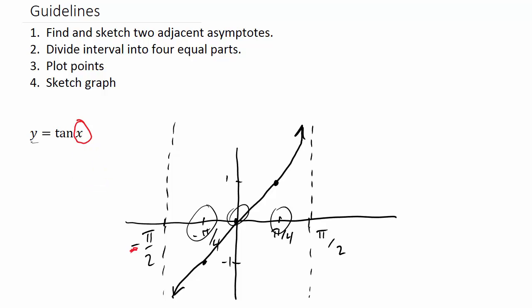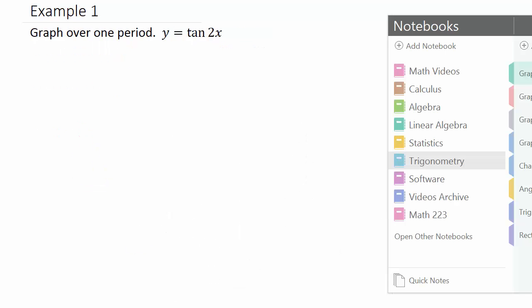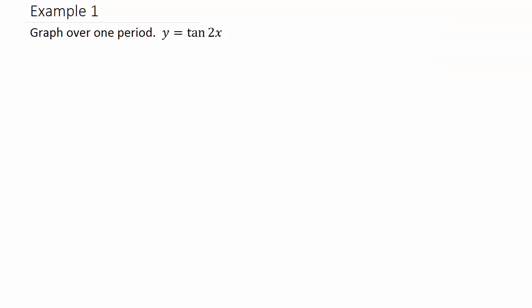Alright, let's take a look at an example. We've got 4 examples to do. We want to graph it over one period, one cycle. We have the 2x, so we're going to set 2x equal to negative pi over 2, and set 2x equal to pi over 2.